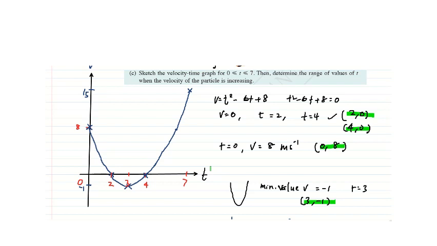Where is the curve having increasing values of the v-axis? It is from this minimum value until this position.